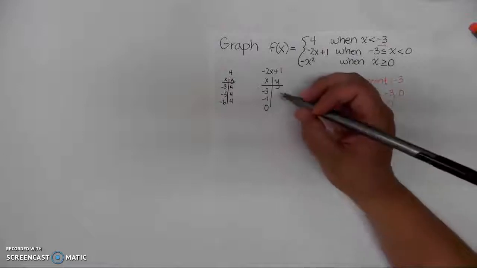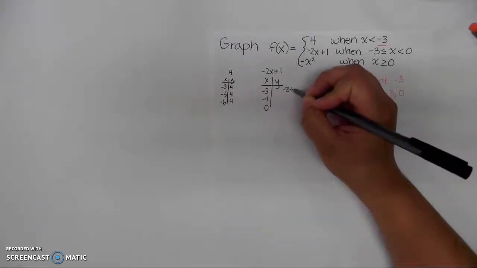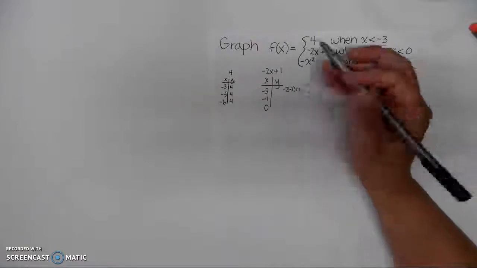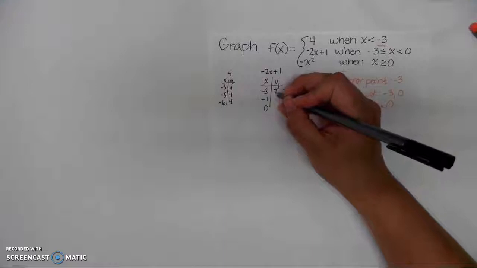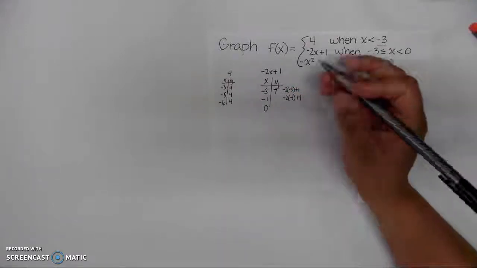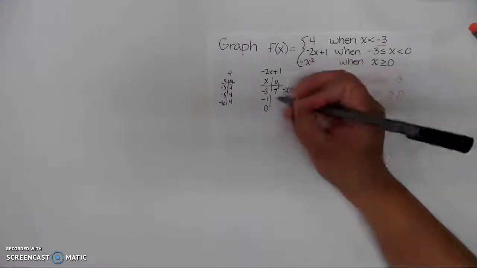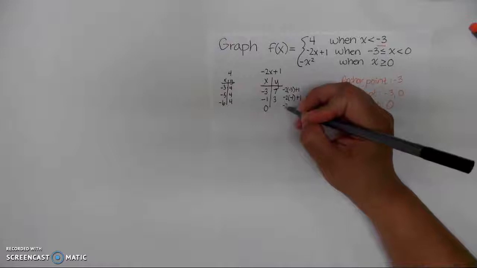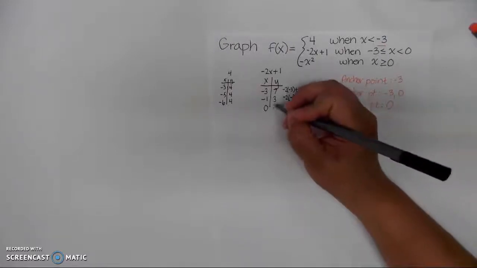And then I'm going to plug those in. So -2 times -3 plus 1. So this would be -2 times -3 is +6 plus 1 is 7. -2 times -1 plus 1. So -2 times -1 is +2 plus 1 is 3. And last one, -2 times 0 plus 1. We know that that cancels, so we're just left with 1.